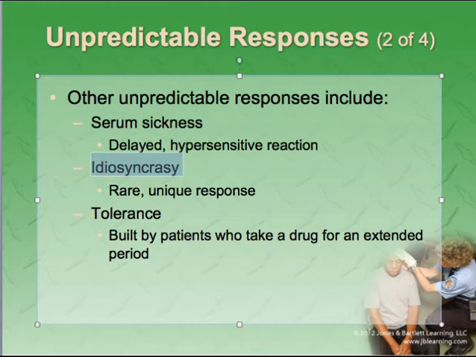Idiosyncrasy, now this is like an over-exaggerated response to the medication that is rare and only really comes out in that person. So you may have somebody where if they take a narcotic, it may only take a little bit to really achieve the effect that you would normally be looking for.